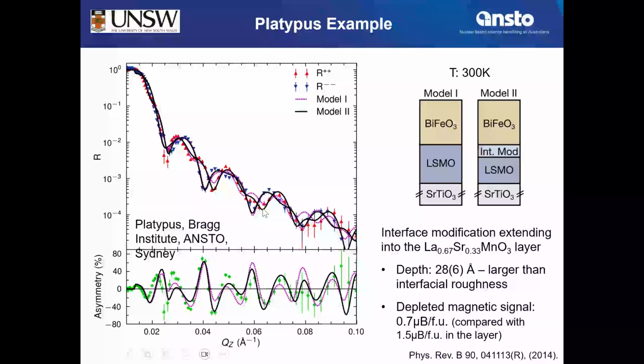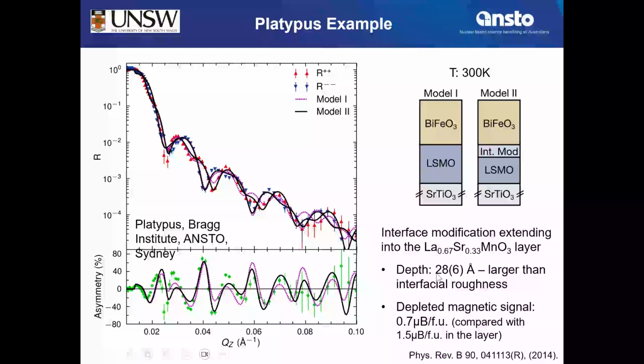This is the raw data, and you nicely see the difference between the two components, spin up-up or spin down-down. The normalized difference is plotted here again. So the green data are really that asymmetry. And now we applied a model in order to determine, and the result is shown here.